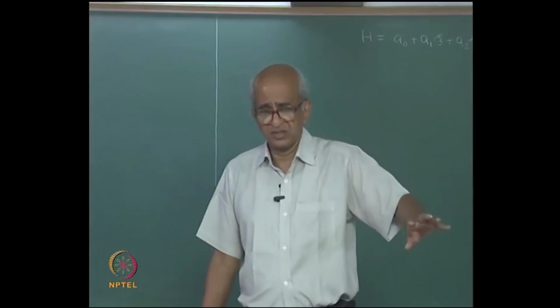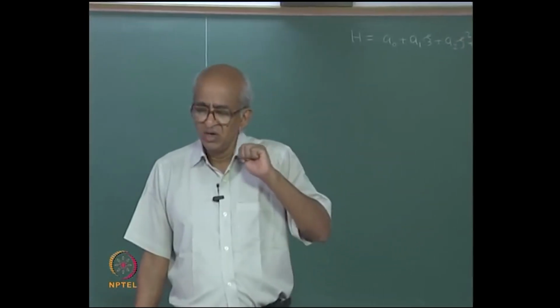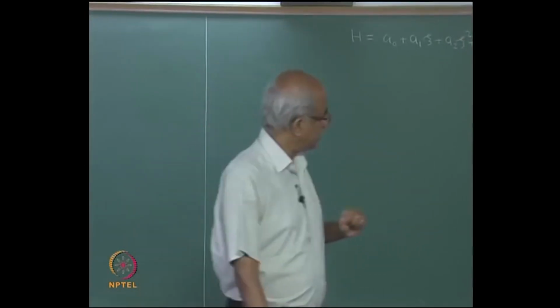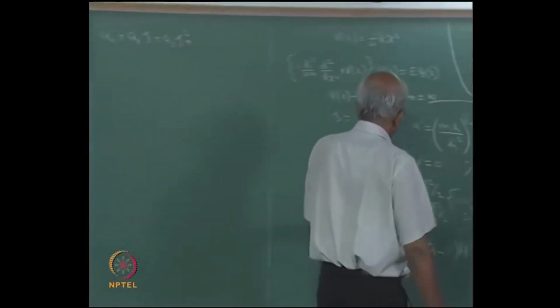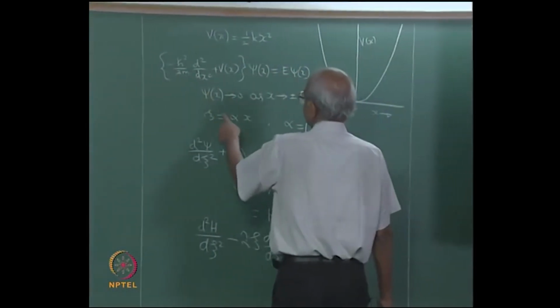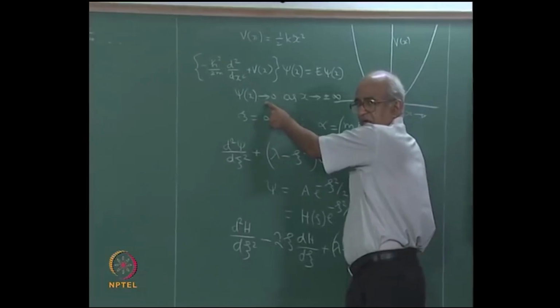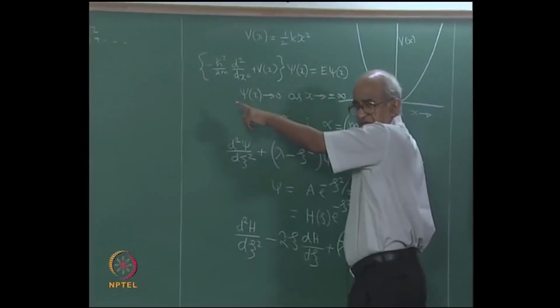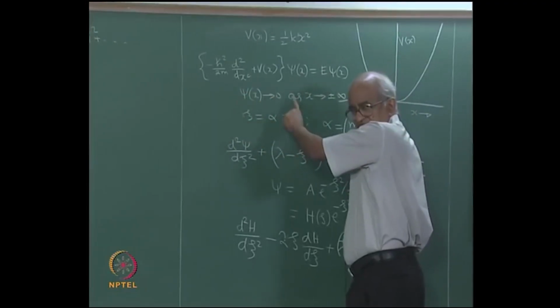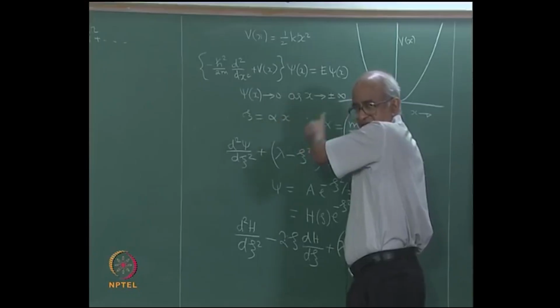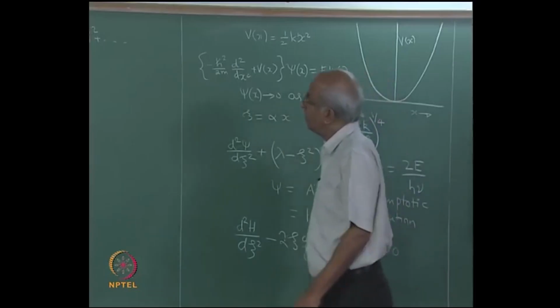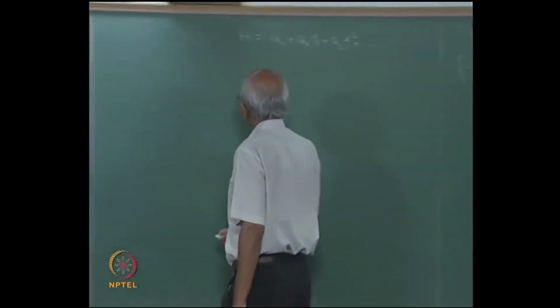If the series is infinite, why may I run into a problem? The answer is that the boundary condition, where is the boundary condition? This is the condition. Even if it is an infinite series, I have to ensure that this series is such that this condition is satisfied. Then only I will have an acceptable solution.